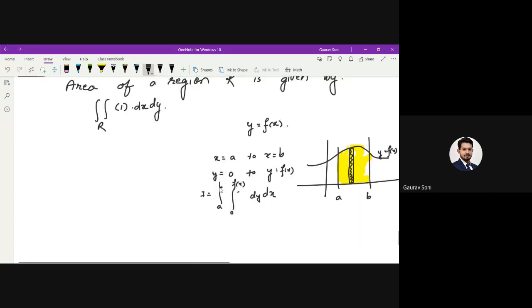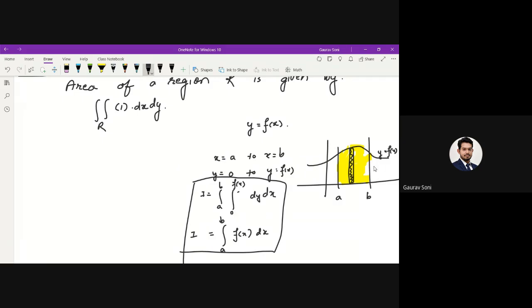So this will be integration a to b. If you integrate this with respect to y, lower limit is 0, upper limit is f of x. So that is f of x dx. So can I say that whatever we have seen here is the same as what you have seen in your 12th standard, but the 12th standard knowledge was incomplete.